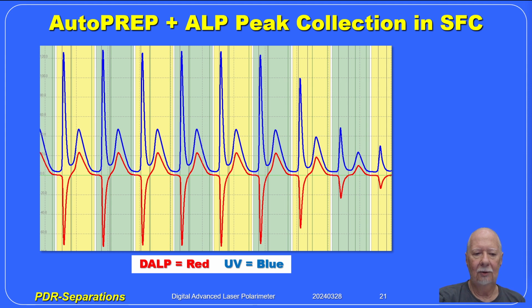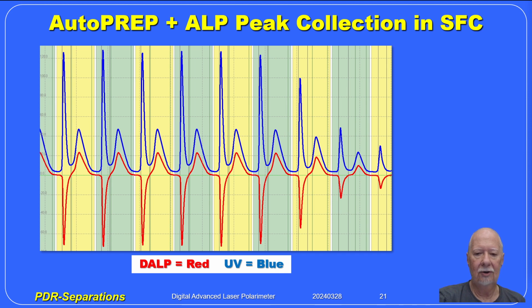Here's an example of autoprep with Dalp peak collection in SFC. Slope, amplitude, and polarity are used to detect peaks and select the proper collection port. This collection scheme does not require time windows and does not depend on elution order, resulting in easy setup and robust collection.